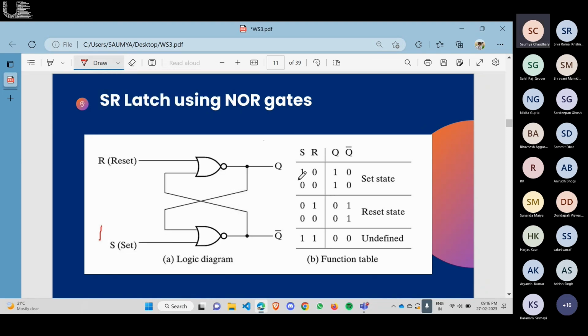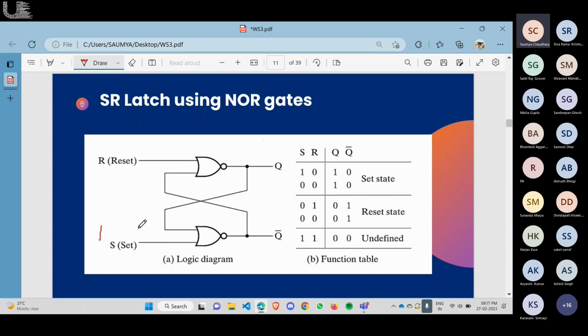When we give the inputs as 1 and 0, we get Q as 1 and Q prime as 0. Here we get the output Q and its complement Q prime. And this is the NOR gate, as you can see.